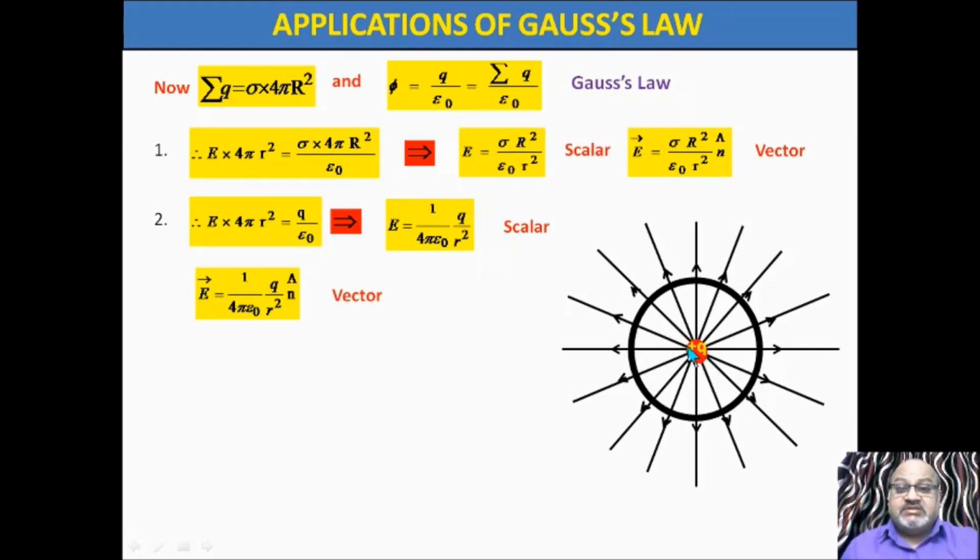In this case, the charge is on the surface, but the setup behaves as if the charge is placed at the center. This is an analogy, you can say a similarity, between the electric field intensity produced by a point charge and that produced outside by the charged spherical shell.